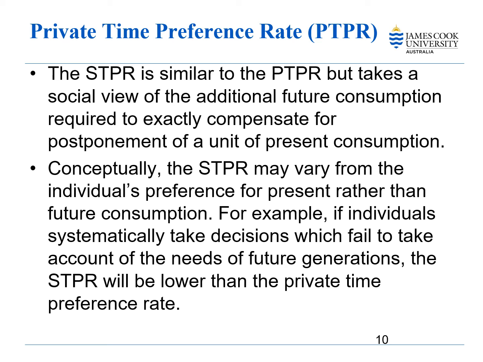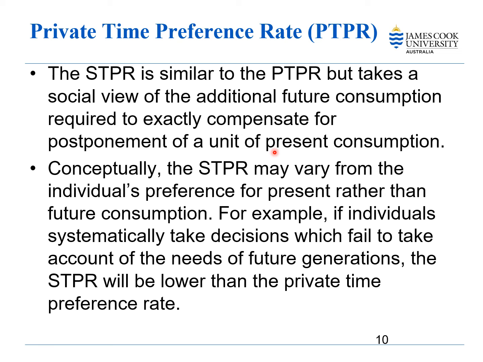The STPR, social time preference rate, is similar to private time preference rate, but takes a social view on the additional future consumption required to exactly compensate for postponement of a unit of present consumption. So it has a social view. Conceptually, the STPR might vary from the individual preference for present rather than future consumption.